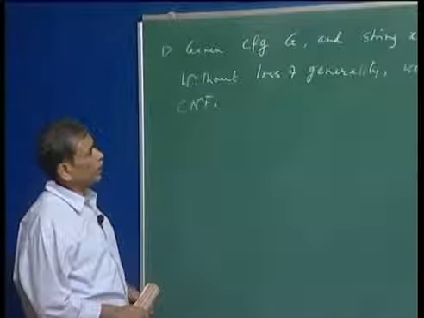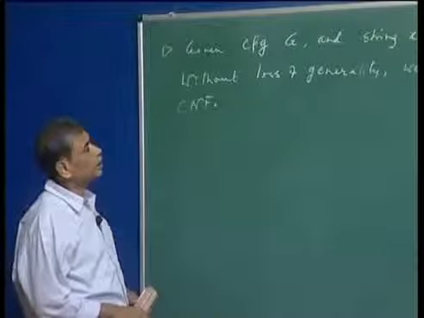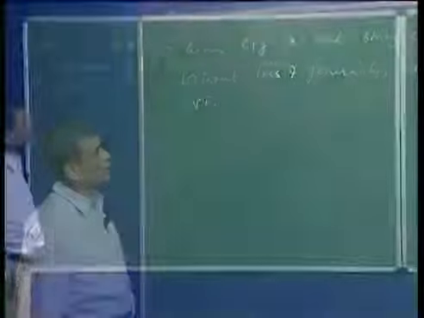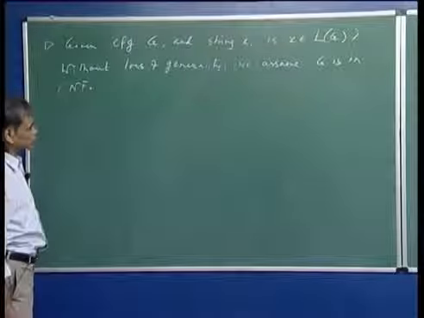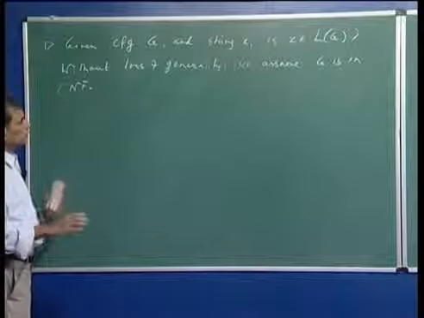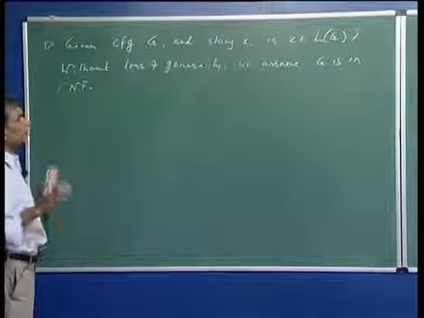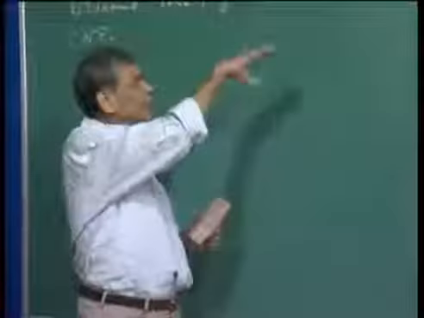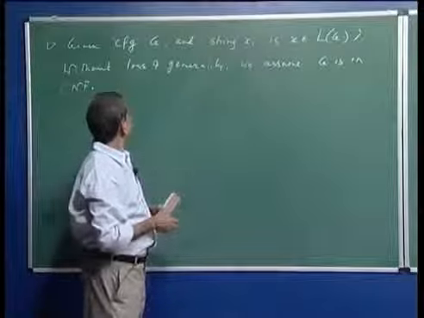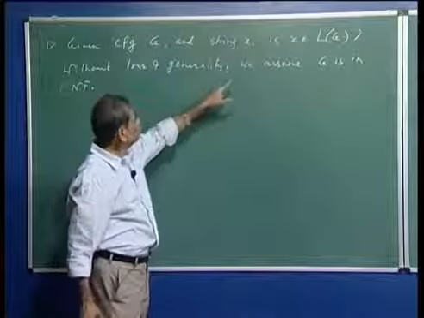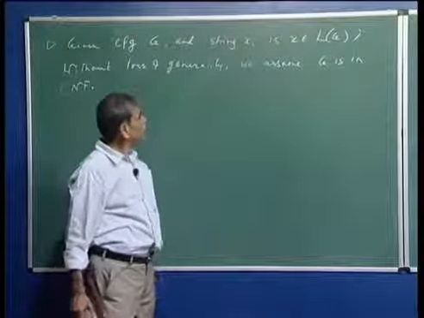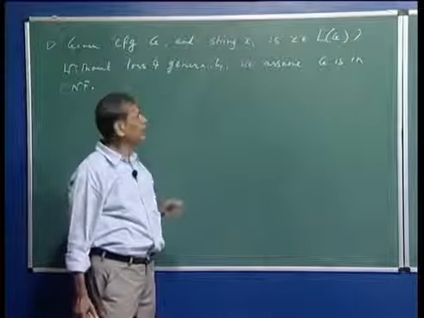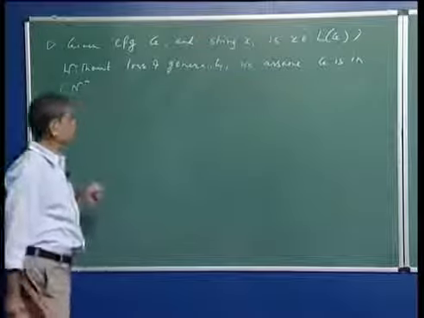See, for any grammar G, we can create another equivalent grammar in Chomsky normal form, such that the two grammars will generate the same language except possibly the empty string. So, the only case that is left out will be the case of when your x is the empty string, but that can be handled separately, and we will not spend any time on that, right.